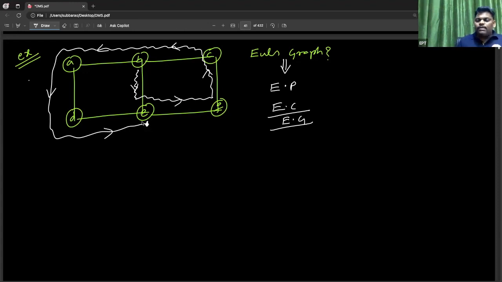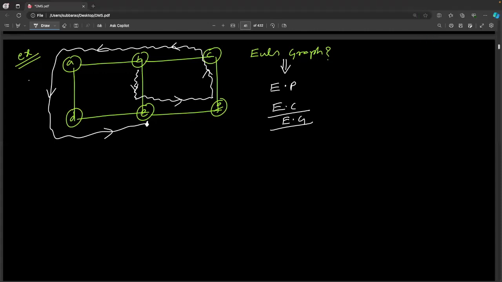Can you guess, is every edge covered? Every edge is covered. Every path need not be an Euler path. If you can find at least one path where every edge is covered exactly once. I started from B, I came back to E, right? So every edge is covered. If you want, you can check. Is any edge left out? Please let me know if any edge is left out.